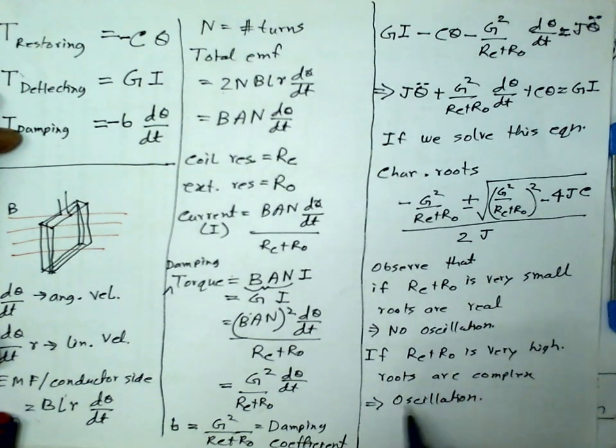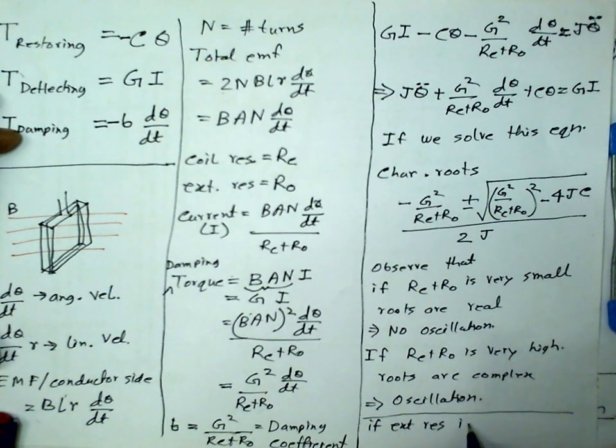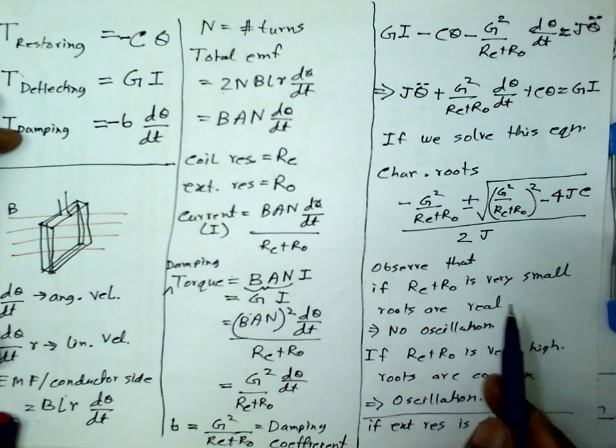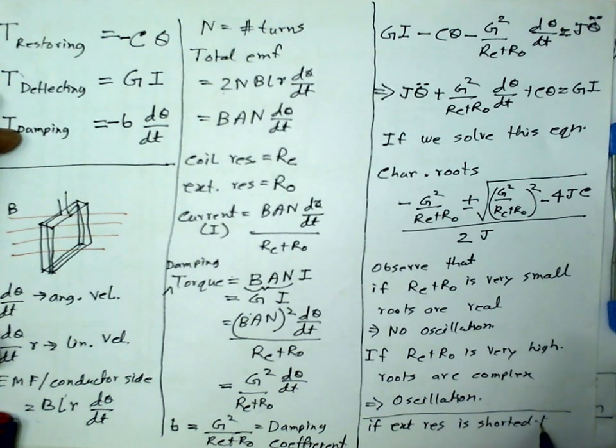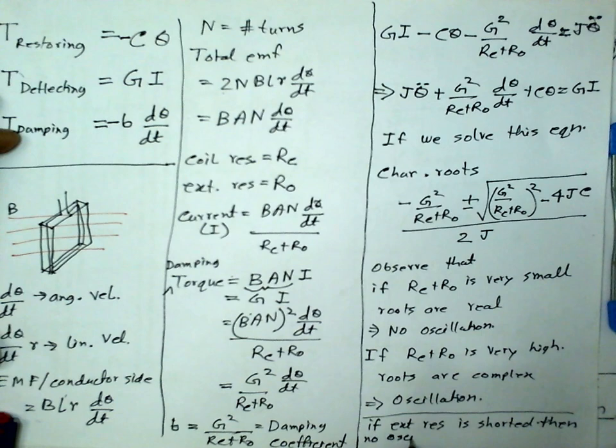So that means if external resistance is shorted, then it is very small, then no oscillation. Okay.